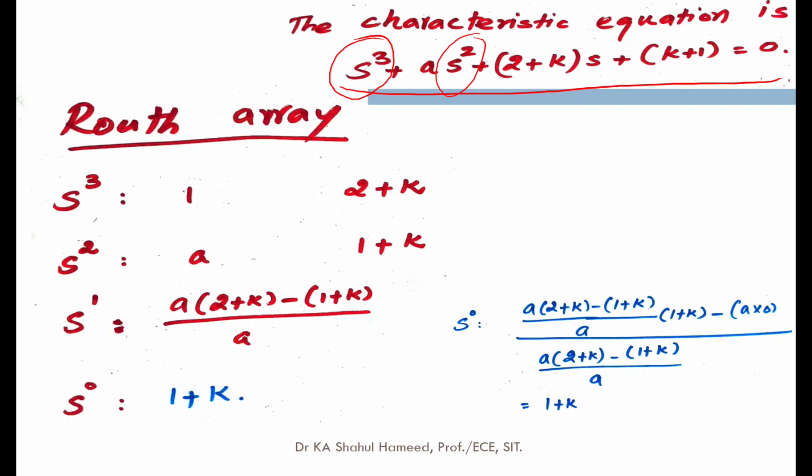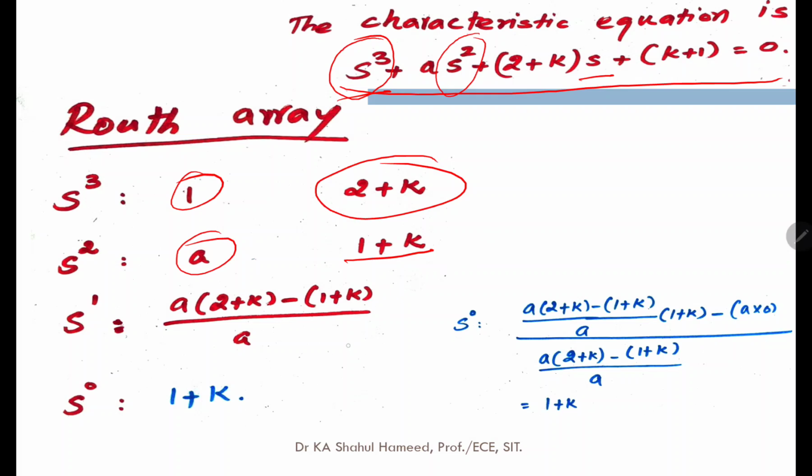I am forming the first row by taking the coefficients of the odd order of the polynomial, that is s^3 and s. The coefficient of s^3 is 1 and the coefficient of s is 2 + K. Now, I am taking the even order, so s^2 and s^0. The s^2 coefficient is a and the s^0 coefficient is 1 + K.